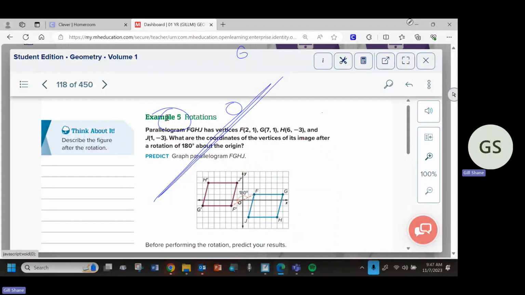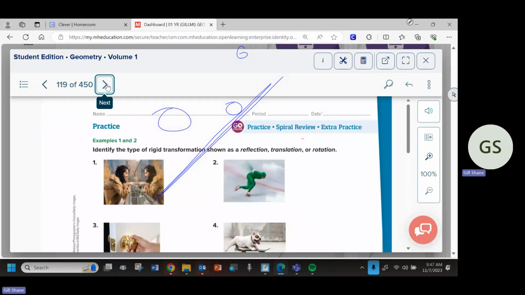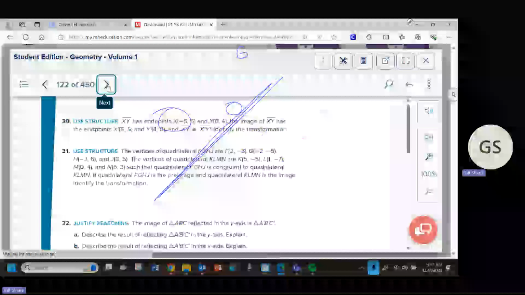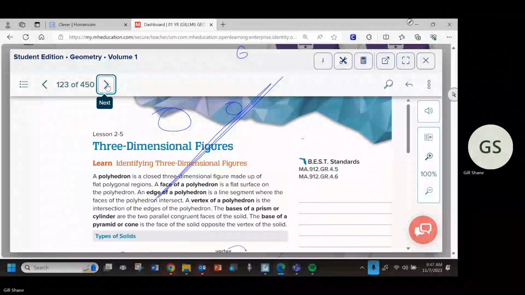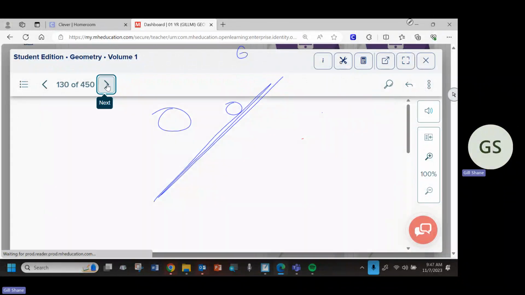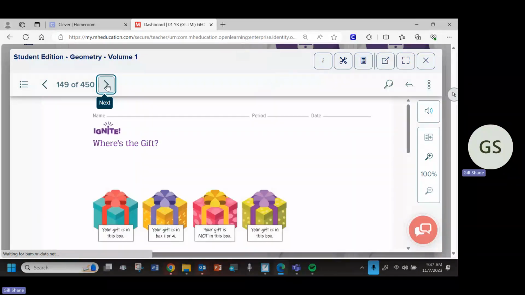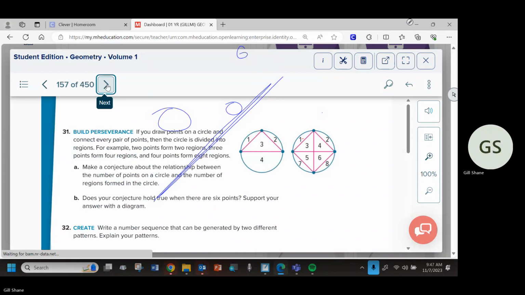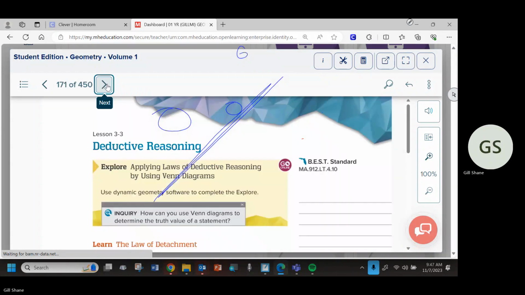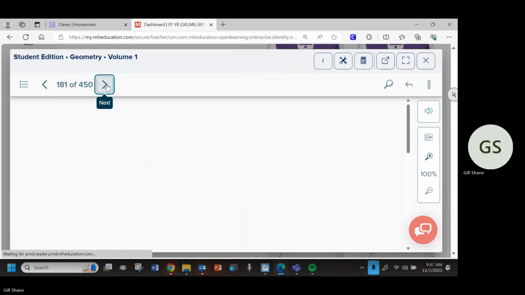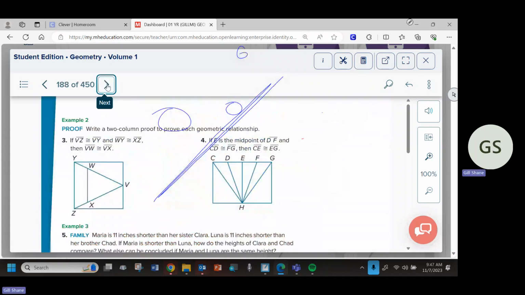All right, so let's see. Example 1. Oh, shoot, that's way back. Just gonna take a minute. So on example 1, you can go ahead and be looking at it.